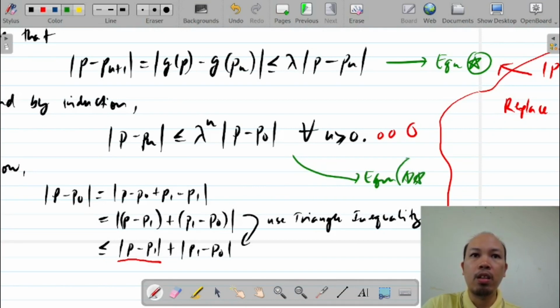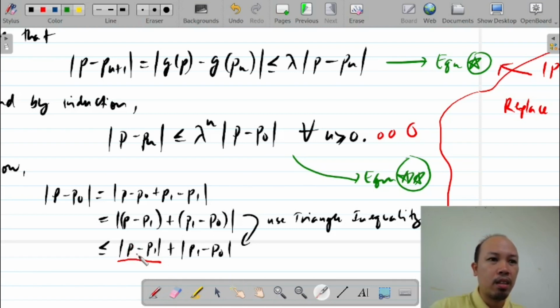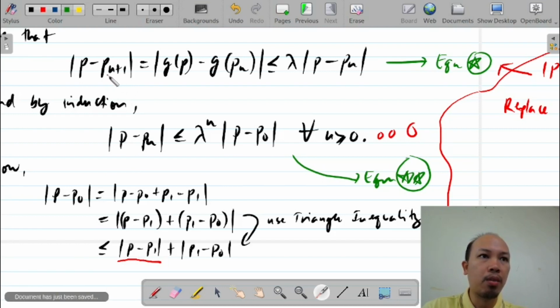Okay, equation double star. For the first term, we will use equation star by replacing n with 0.